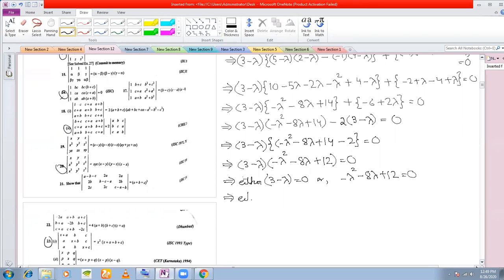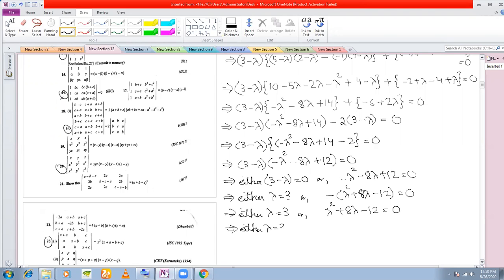That means either lambda is equal to 3 or, taking minus common, lambda square plus 8 lambda minus 12 is equal to 0. Now you can solve this quadratic in lambda.